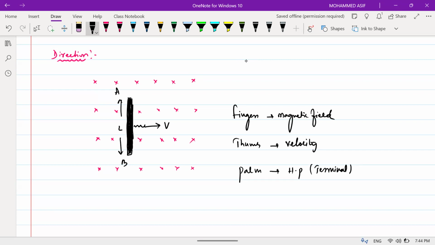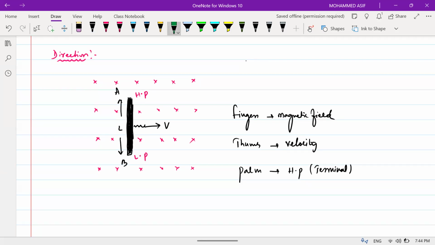A. Keep all four fingers in the direction of the magnetic field and turn your right hand so the thumb is in the direction of velocity. Then the palm is seen on the A side. That means A will be the higher potential and B will be the lower potential. Got it?